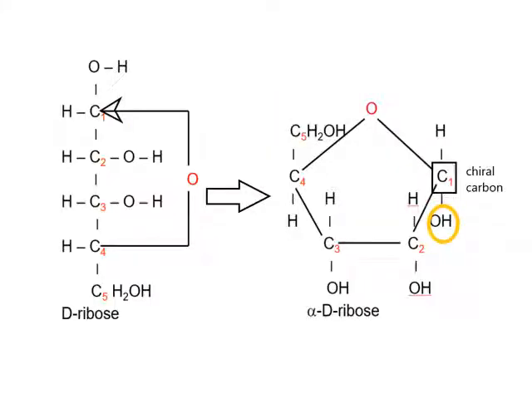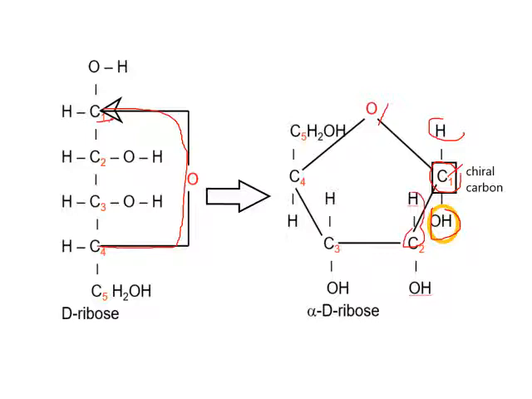What happens is the number 4 carbon connects with the number 1 carbon, and it forms this structure right here. If we look at the number 1 carbon, it has 4 different things attached to it: an H, an OH, an O, and a carbon.